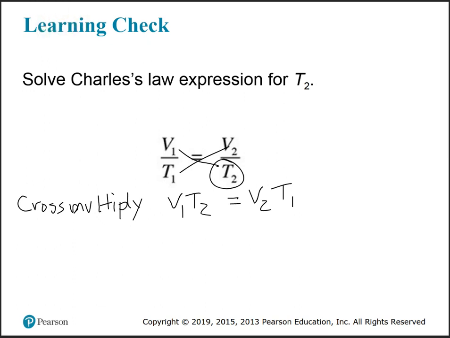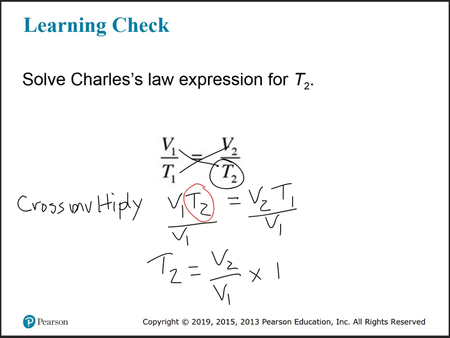Then I circle the variable that I want to isolate. In this case, we're solving for T2. So I'm going to divide both sides by V1. And when I do that, I get T2 is equal to V2 over V1 times T1. So it's very similar to the math that you have to do for pressures.